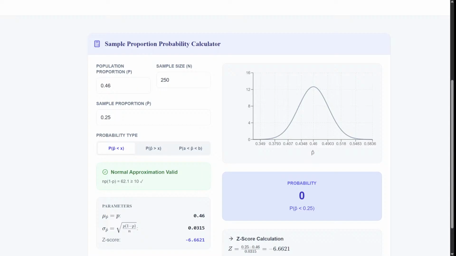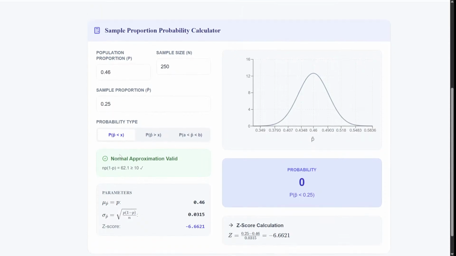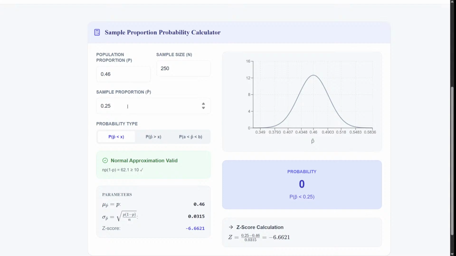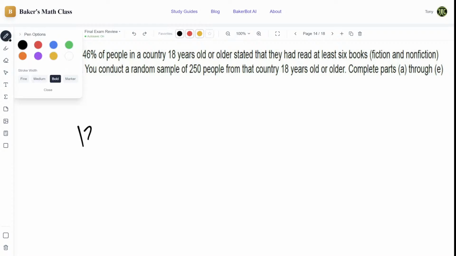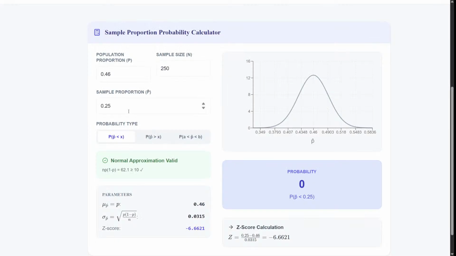What's the probability that exactly 125 read at least 6 books? So if I take 125 divided by 250, that's exactly 0.5. So my sample is 0.5.